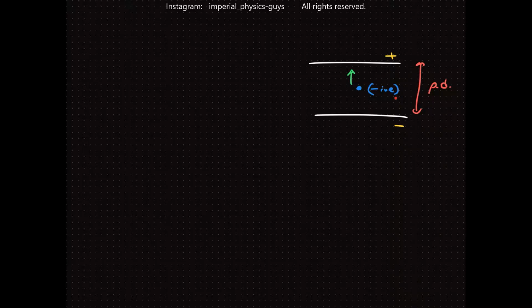So like charges repel, opposite charges attract. So let's say I have applied a potential difference that's just enough to keep the oil droplet stationary. And with this setup, I can find the charge of this oil droplet.